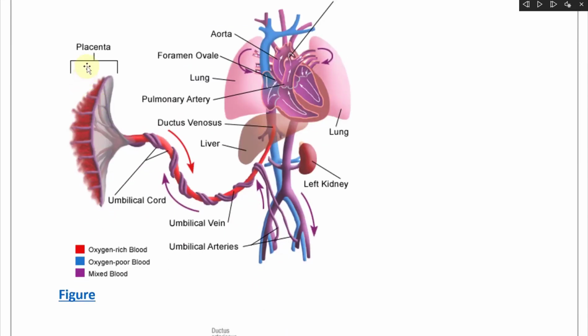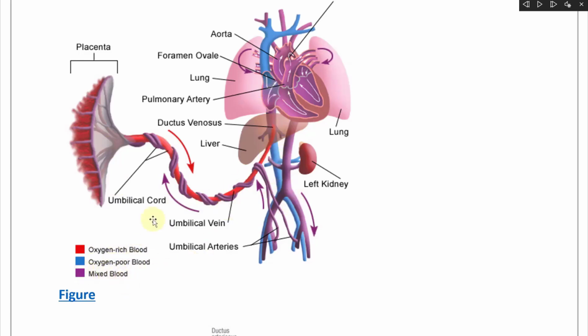So here's the placenta connected to the mother. And then there's the umbilical cord, and the umbilical vein in red. And then there's the umbilical arteries, etc., going over here and wrapping around the umbilical vein. So the red is oxygen-rich blood. And then you have this blue is oxygen-poor blood that's coming back to the body.